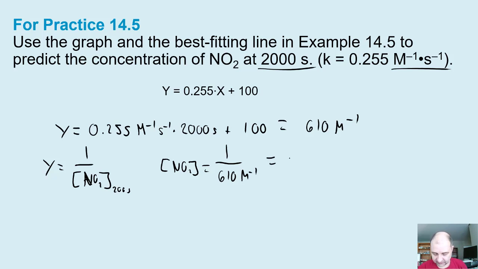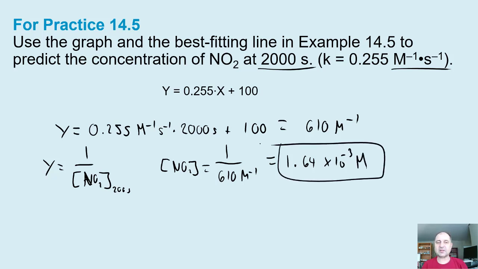And so what I get for that is 1.64 times 10 to the minus 3 molar. So that's the answer to this question. That is the concentration after 2000 seconds.